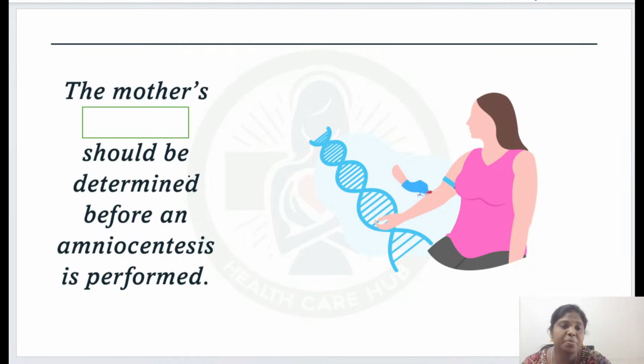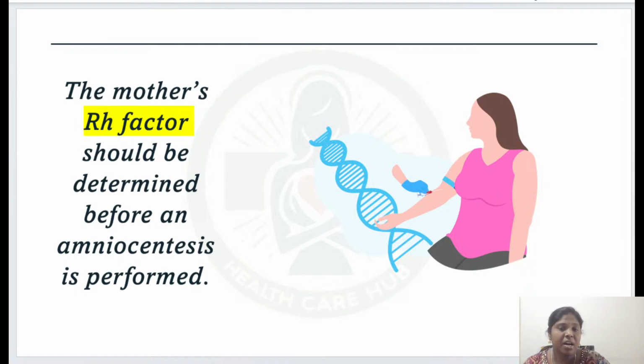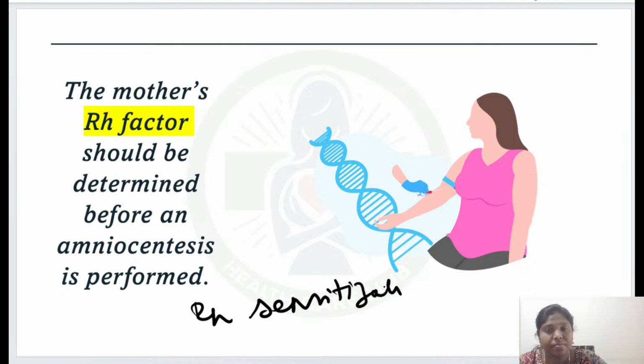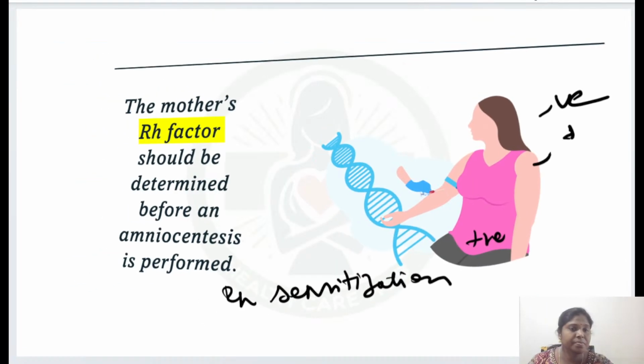So the mother should be checked for whether she is Rh positive or Rh negative. So we are going to check the Rh factor of the mother, otherwise it will cause Rh sensitization, especially if the baby is positive and the mother is negative.